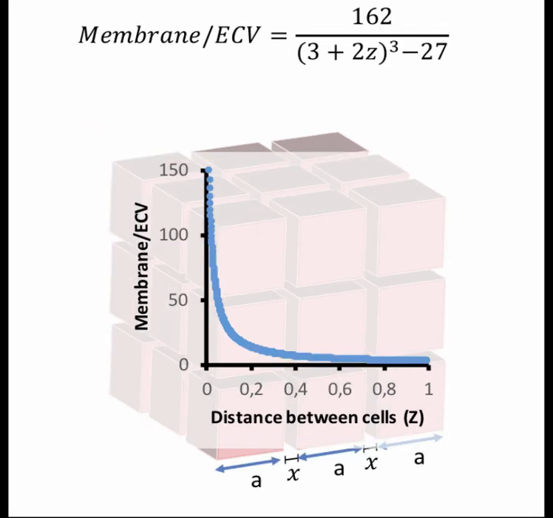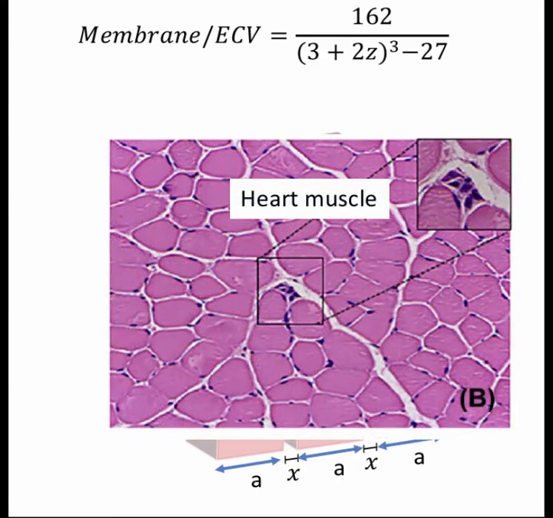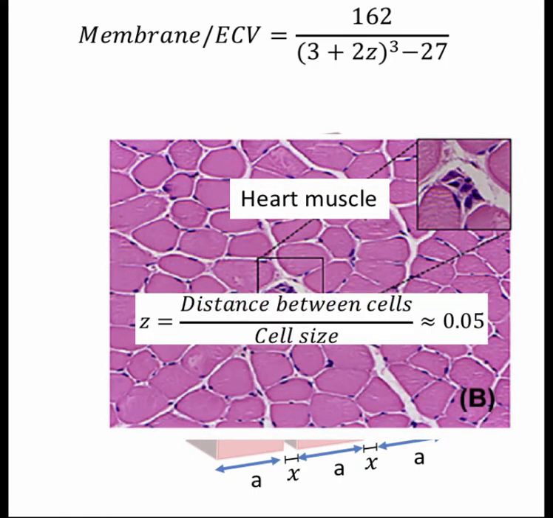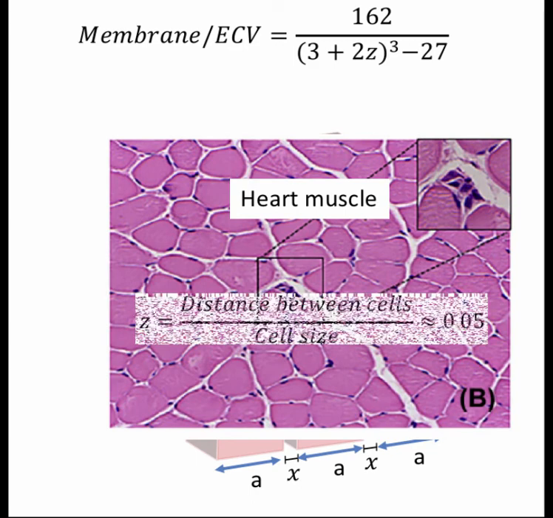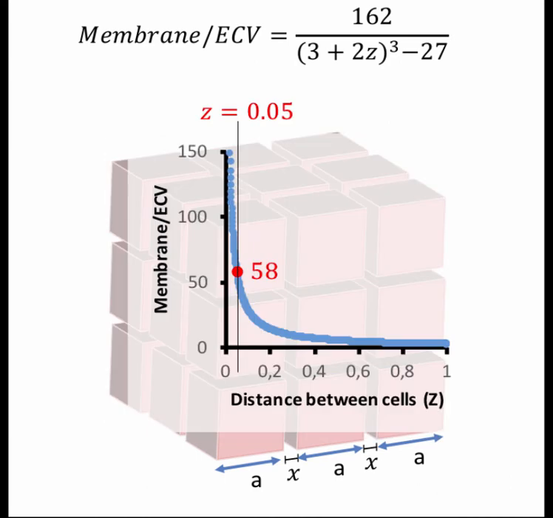With this mathematical expression, we can now examine the real case, heart tissue. It is easy to see that the distance between cells is roughly 5% of the cell diameter of red cardiomyocytes, a Z of 0.05. When Z is 0.05, we are placed on the exponential part of the curve.